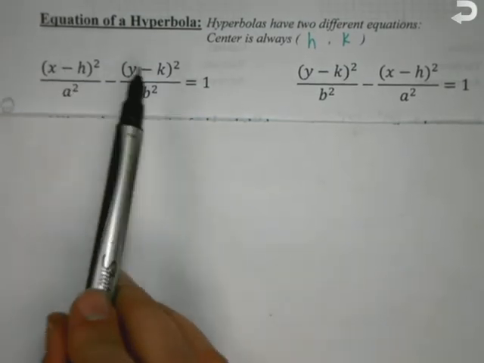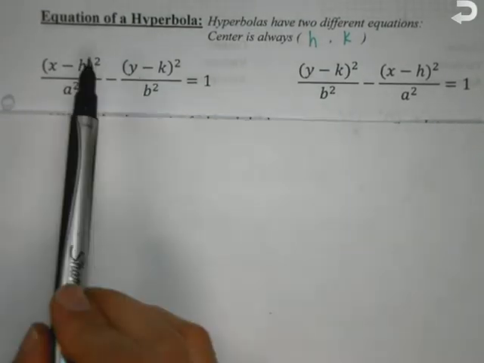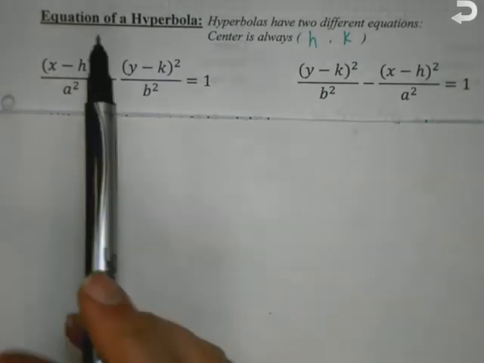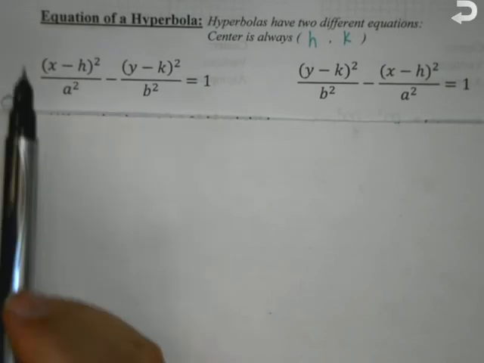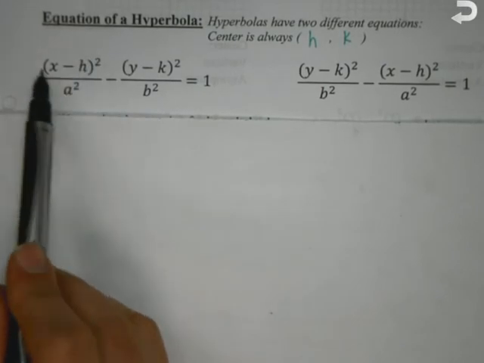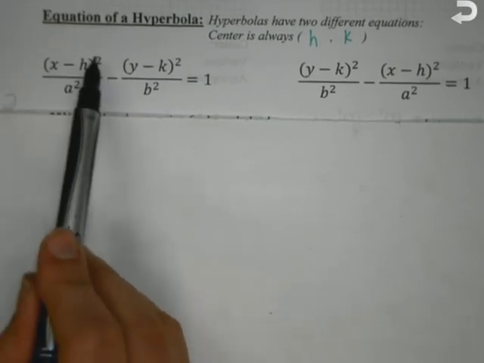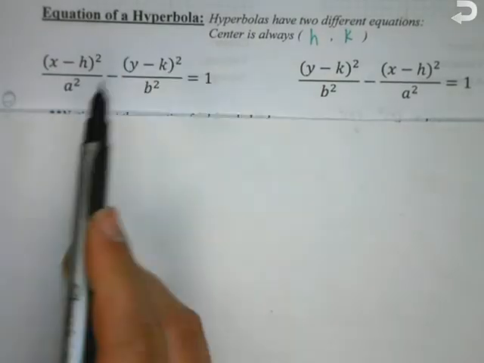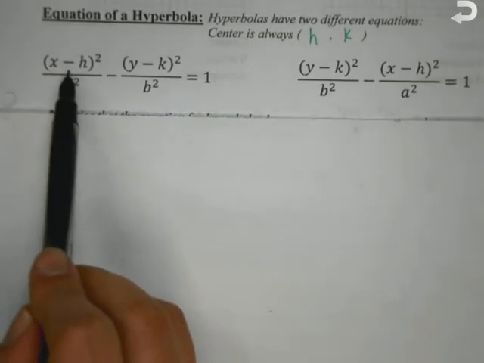So remember how for circles, ellipses, parabolas, x always comes first, right? Now, the order actually makes a difference. If x is in front, x minus h squared, minus y minus k squared, the vertices are on the x-axis.